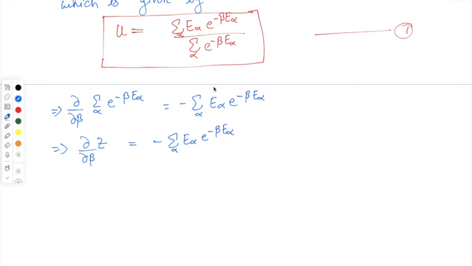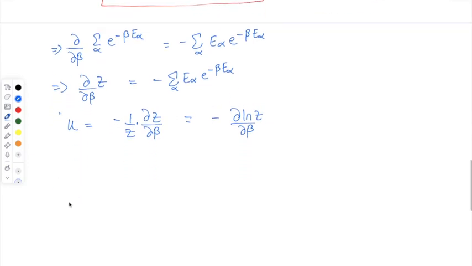Putting this in equation 1, we get U equals minus del Z by del beta times 1 by Z. Now we can write this as minus del ln Z by del beta.